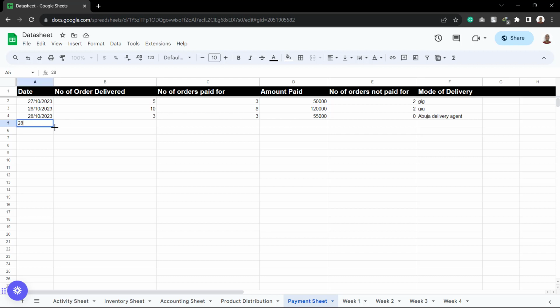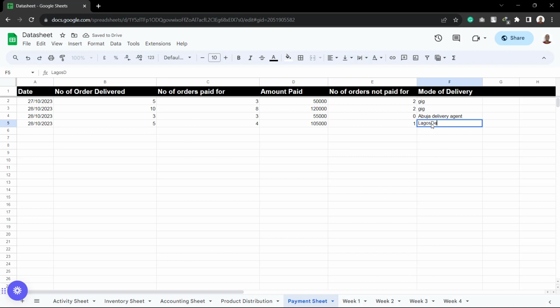Let's say, for example, we had our Lagos agent deliver for us too that day. Our Lagos delivery agent delivered 5, and he paid for 4. Let's say the last one was cash, so he couldn't transfer it immediately, and he had sent maybe 105,000 naira. It means that there's one that is yet to be paid for, and it is with our Lagos delivery agent.